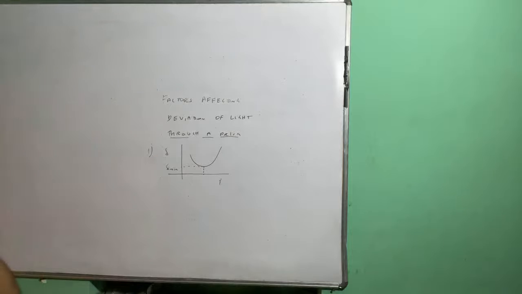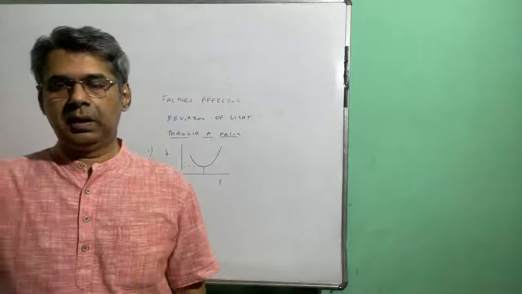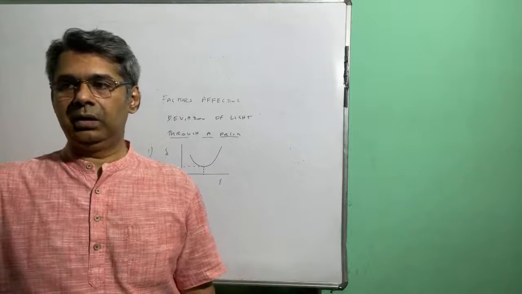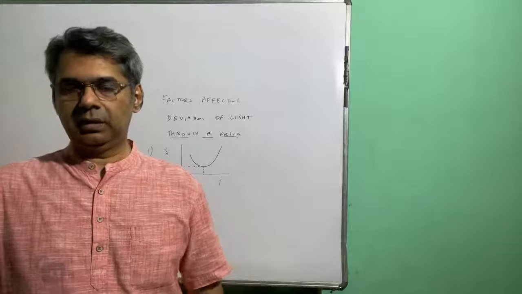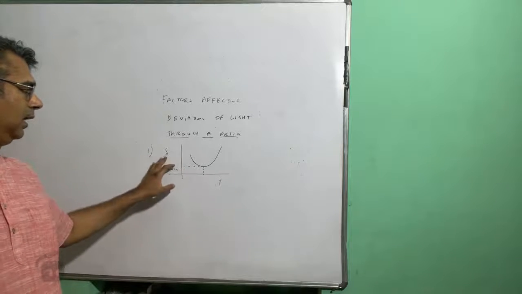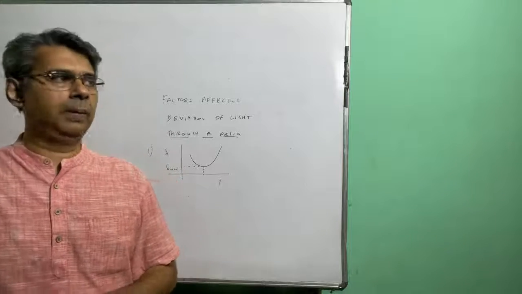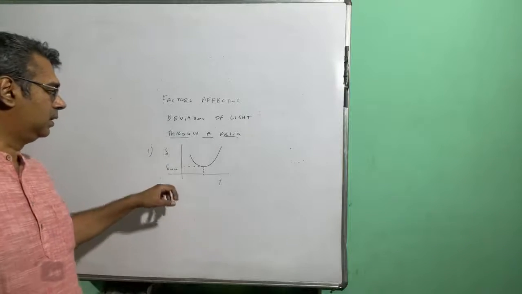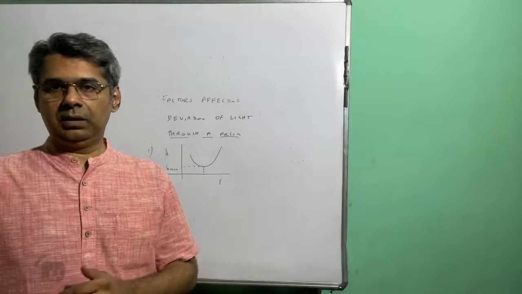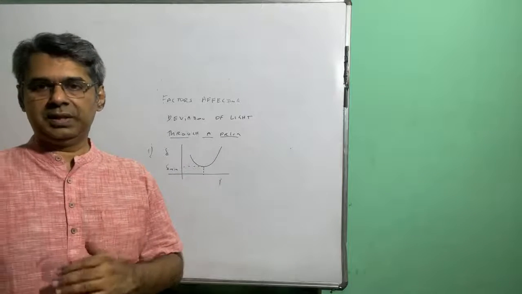So, the first factor is of course the angle of incidence itself. A ray is incident on a prism, so the angle of incidence itself is a factor. How are the angle of incidence and angle of deviation related? There is a very strange relation. If you go on increasing the angle of incidence, initially the angle of deviation goes on decreasing.